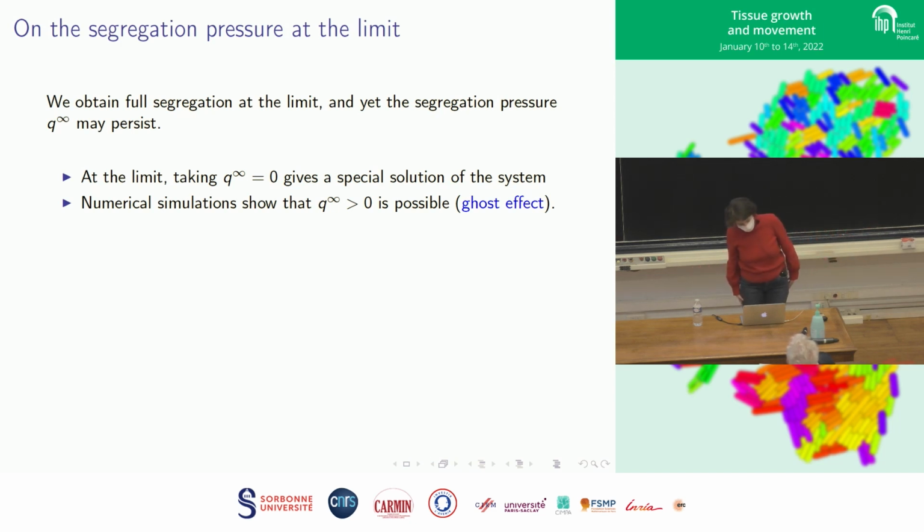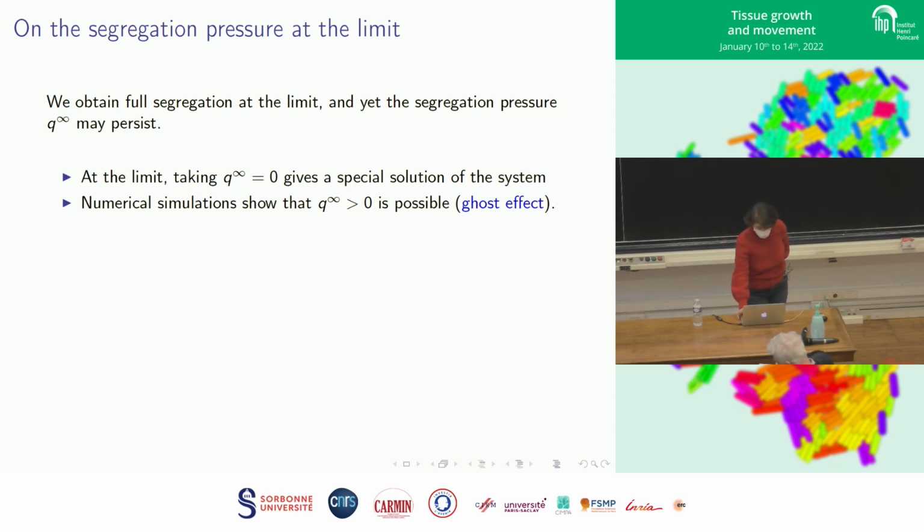On the other hand, we did numerical simulations, and they show that Q positive at the limit is possible. When I say numerical simulation, I mean that we tried to perform the limit numerically and see whether Q converges to something or not.